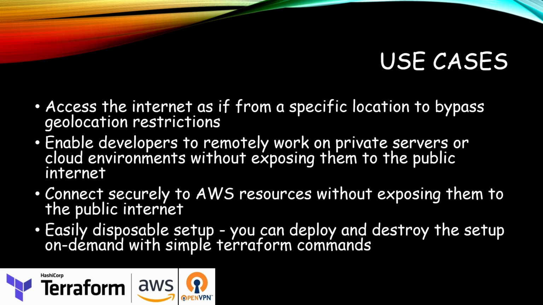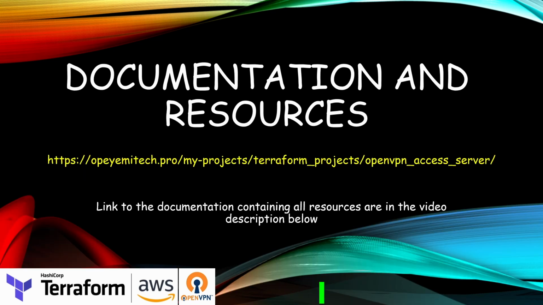There are situations where you just need a temporary connection to a particular resource online. You can just set up this self-hosted VPN, and once you are done, pull it down with just one simple command. I have prepared a detailed documentation on this whole project. The link to the documentation will be in the description box below this video.